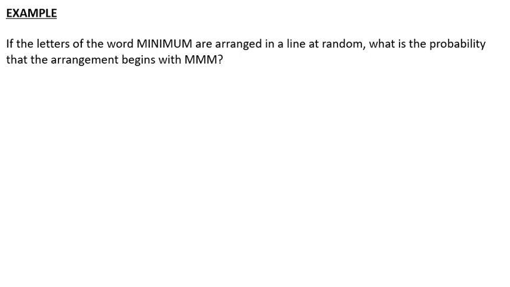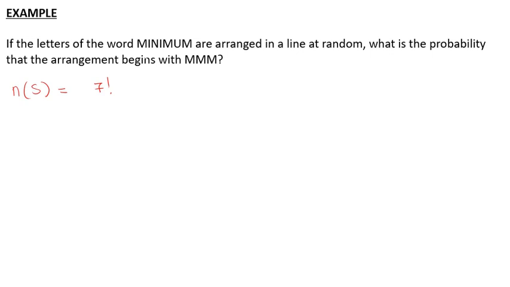So for the number in our sample space, let's count the letters that we're working with: 1, 2, 3, 4, 5, 6, 7. So we have 7 letters that we're working with. So that's 7 factorial, but some of them are alike, so we need to work that out.